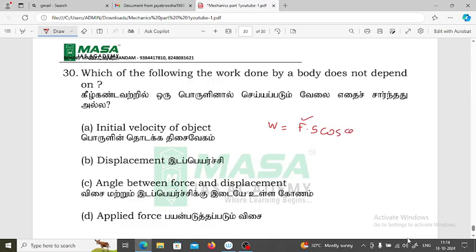It depends on force, displacement, angle. Apart from these, what else have they given? So our answer is option A. Initial velocity of the object. Work done does not depend on initial velocity of object.